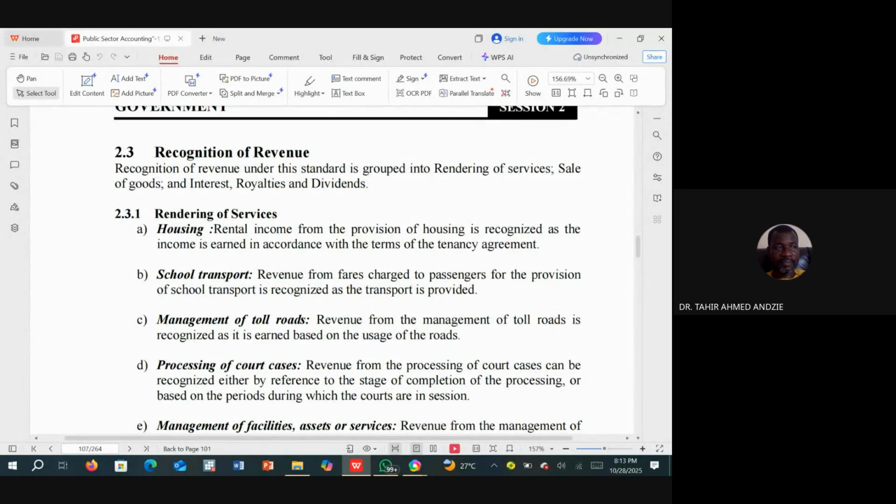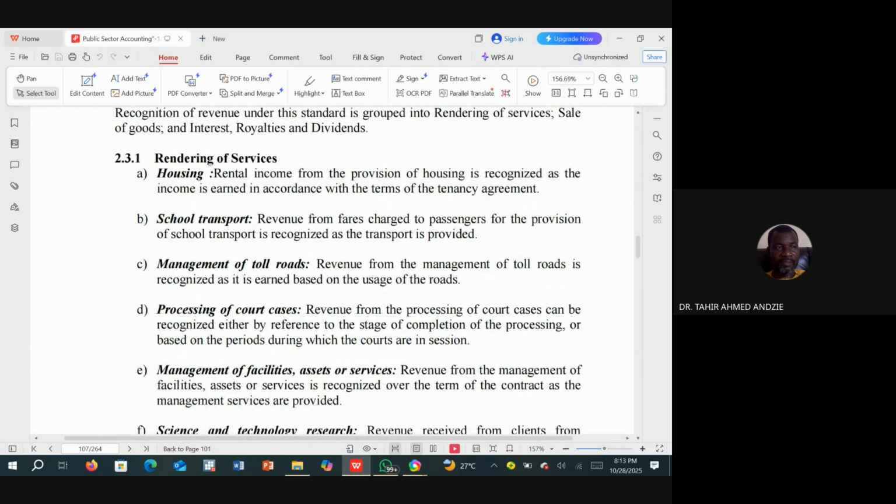Now let's look at the recognition of revenue. Recognition of revenue under this standard is grouped into rendering of services, sale of goods, and interest, royalties, and dividend. And so we come to rendering of services.